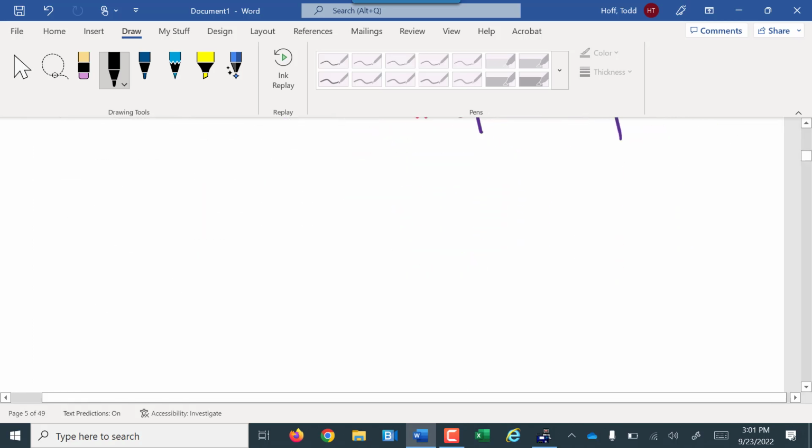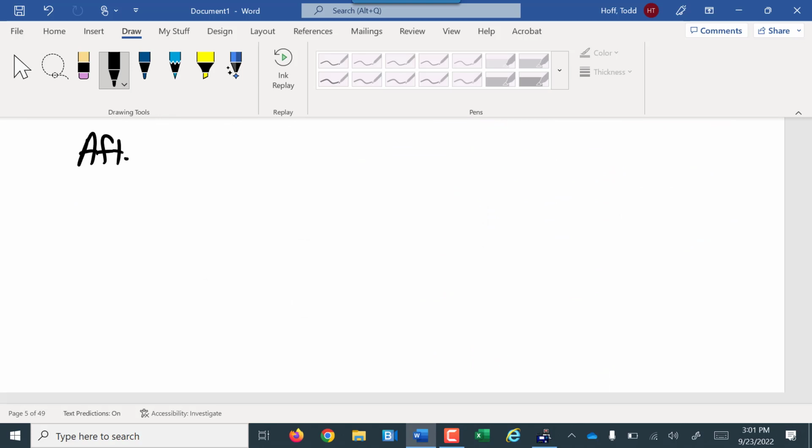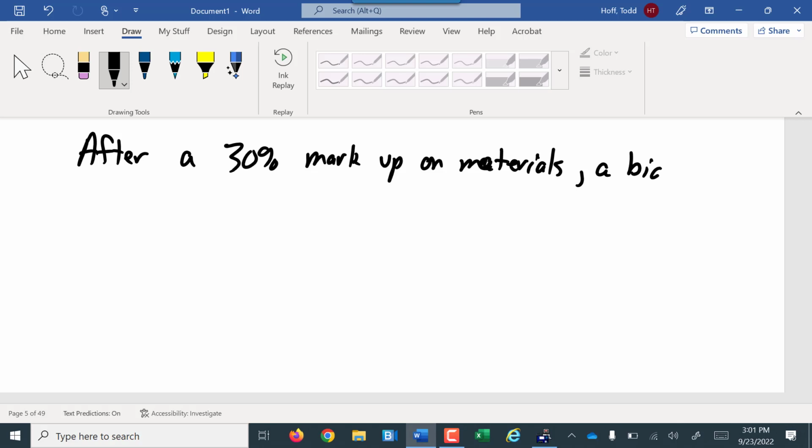But let's take a look. Let's say after a 30% markup on materials, a bid comes to, let's see here, $182,000.